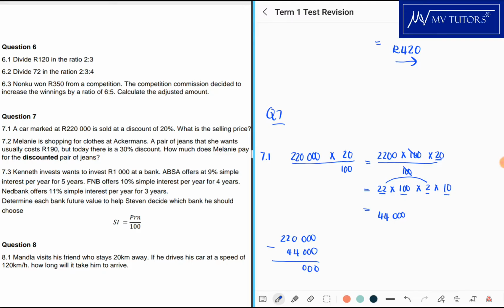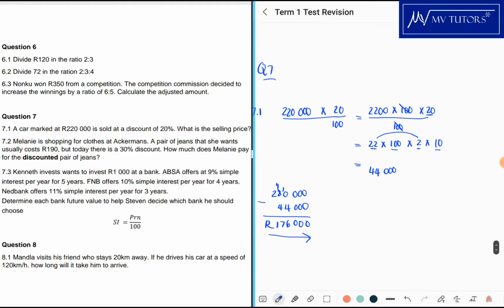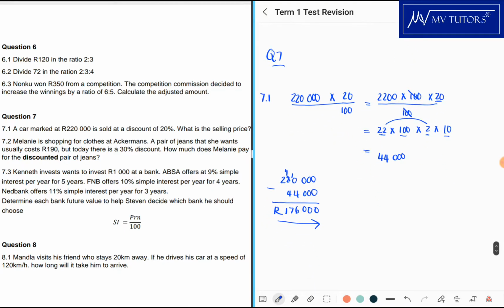So if I borrow 1 over here, 10 minus 4 is 6, and 21 minus 4, okay, I can see 11 minus 4 is 7 and 1. So basically this is the selling price. But let's get a calculator and then work it out. I hope in this section you are using a calculator.